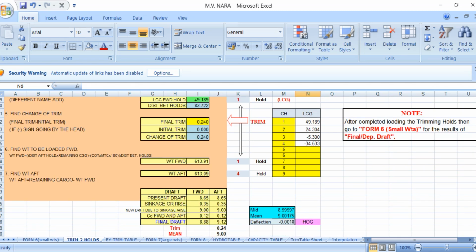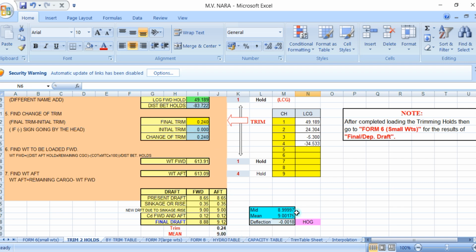So with that, your forward draft will be 8.88, and your aft draft will be 9.12. Your main draft will be 9 meters, and your trim is 0.24.